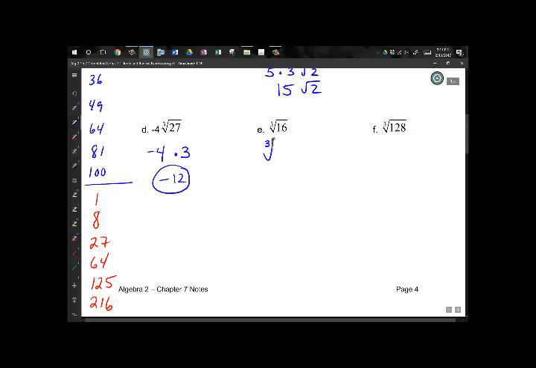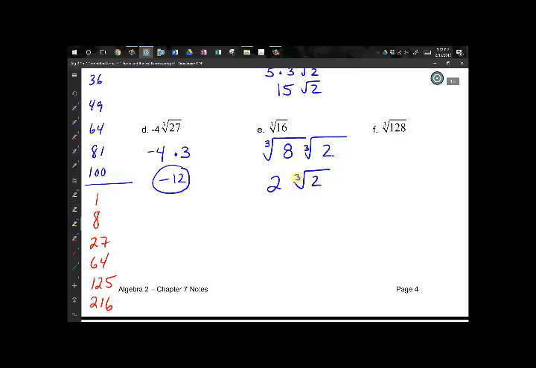For the cubed root of 16, we're going to break that down into a perfect cube, 8, times what's left over, 2. The cubed root of 8 is 2, and what's left over is the cubed root of 2. It is very important that you notate and put this little cubed root symbol in our answer because it is different than a square root.